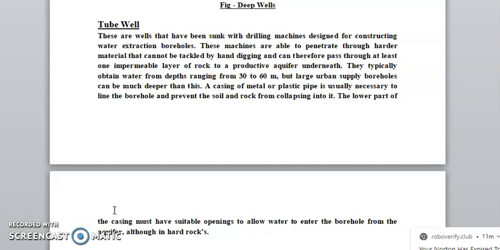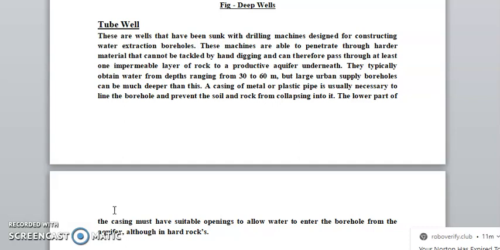They are obtained from depths ranging from 30 to 60 meters, but large urban supply boreholes can go much deeper than this. A casing of metal or plastic pipe is usually necessary to line the borewell and prevent the soil and rock from collapsing into it.